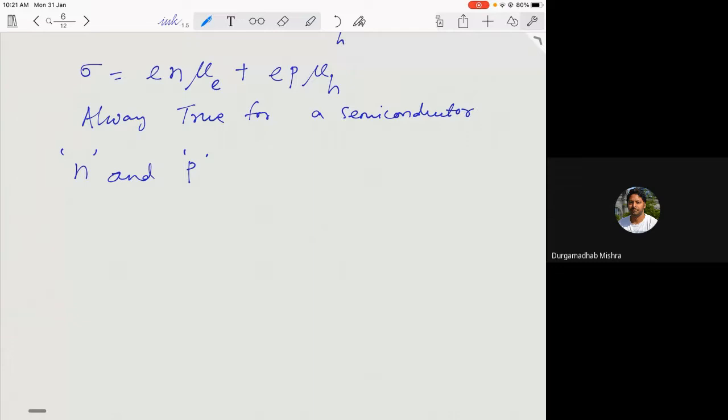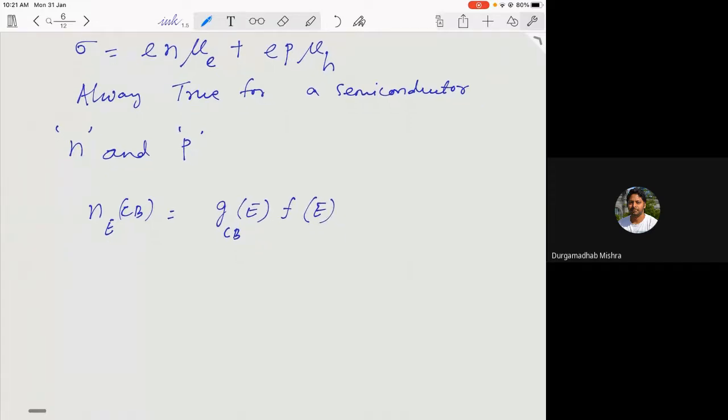So we can say that N(E) in the conduction band would be equal to G, the density of states in the conduction band, times the Fermi-Dirac distribution, or the probability distribution of the electron.